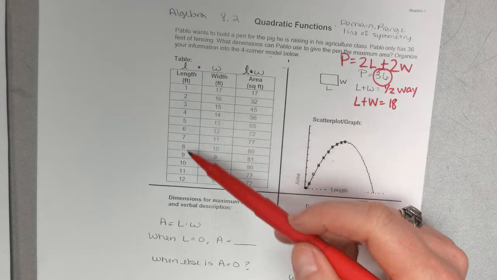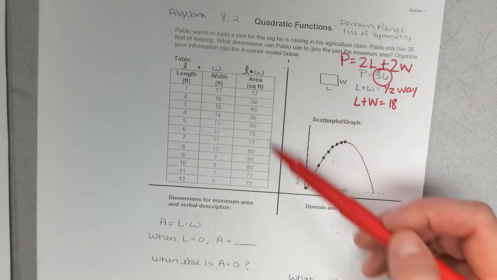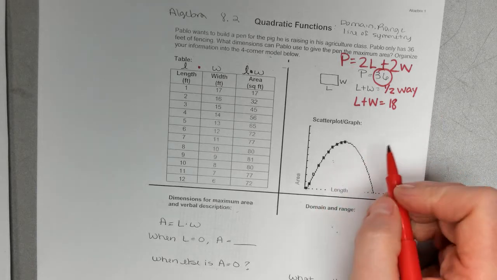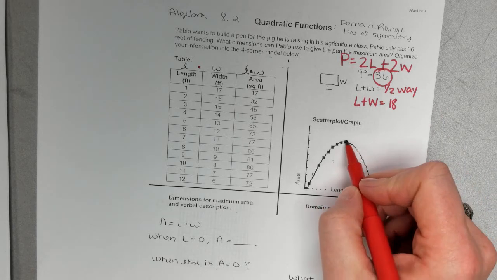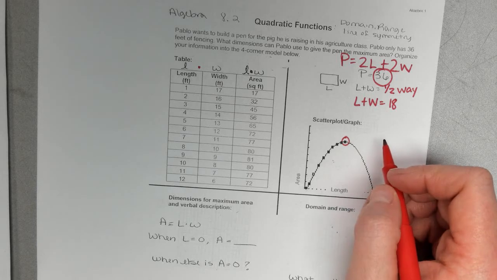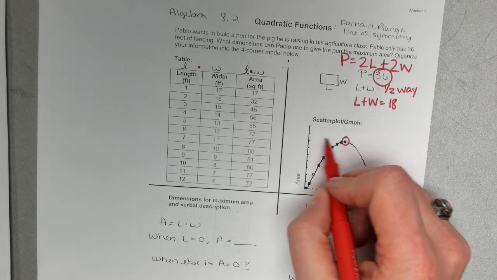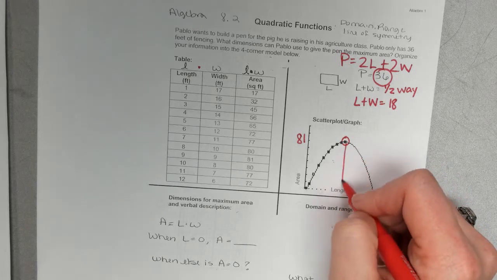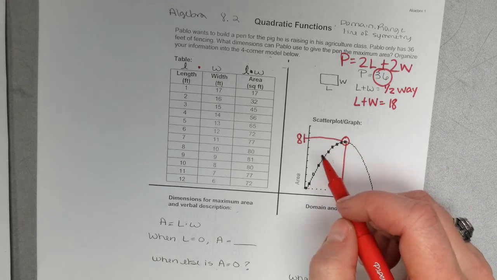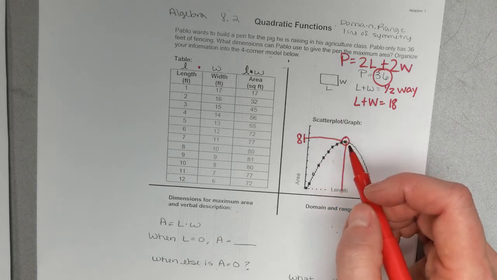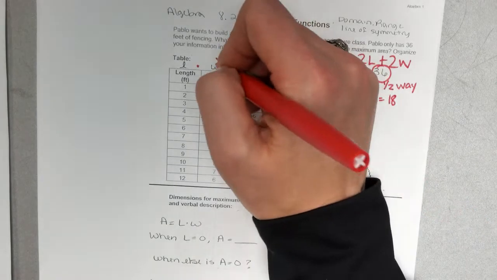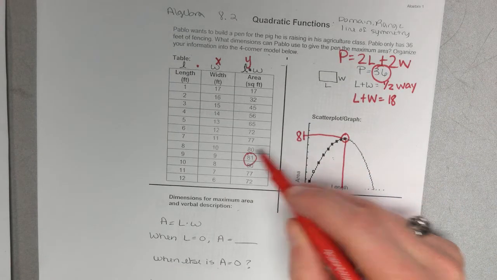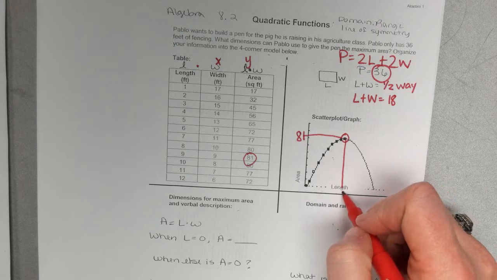If you put all these dimensions into the calculator, like we did yesterday, your line's going to look like this, and your vertex is right here, okay? Your vertex is right there. It's right at 81, and this is your X and this is your Y. So at 81 right here, it's 9.